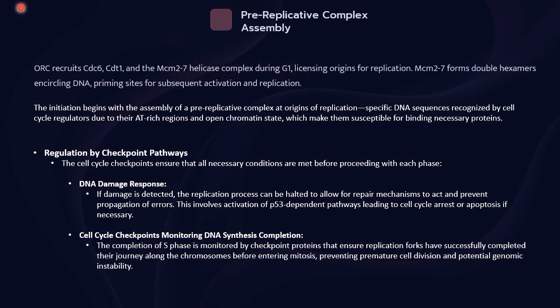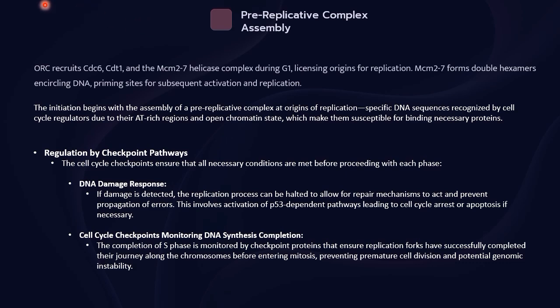During G1 phase, the pre-replicative complex assembly takes place, and only in G1 phase, in order to prevent multiple duplications of the DNA.